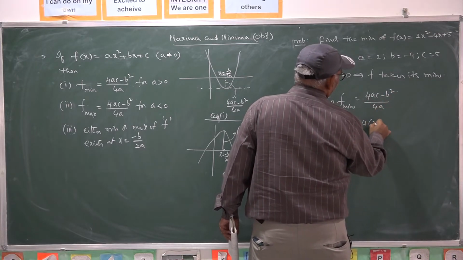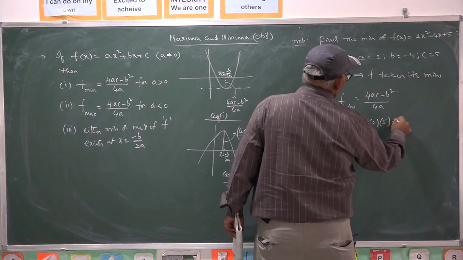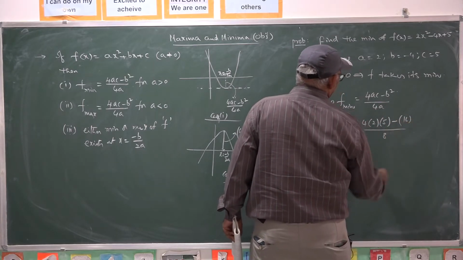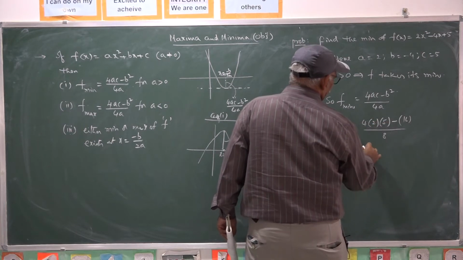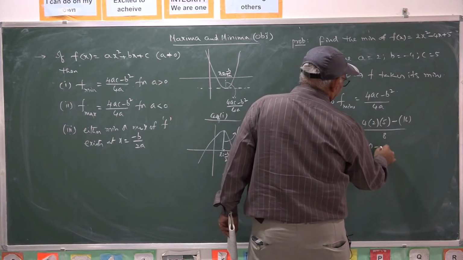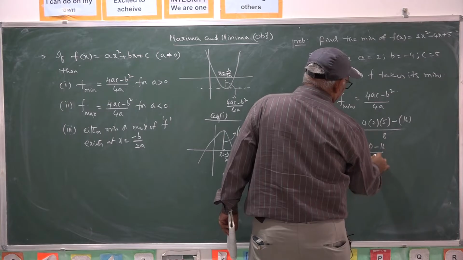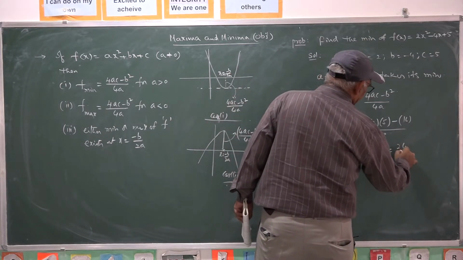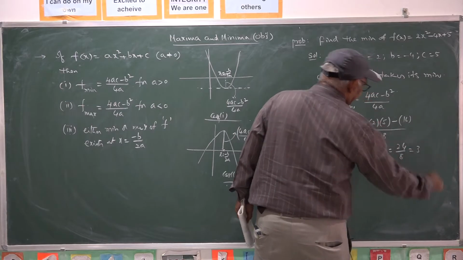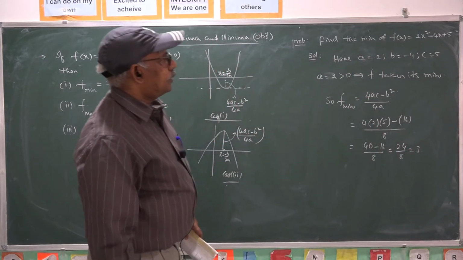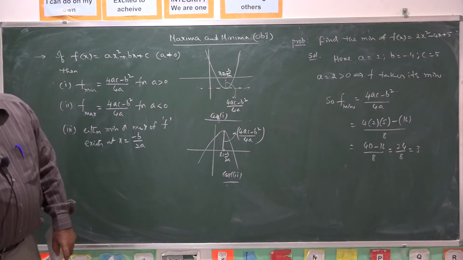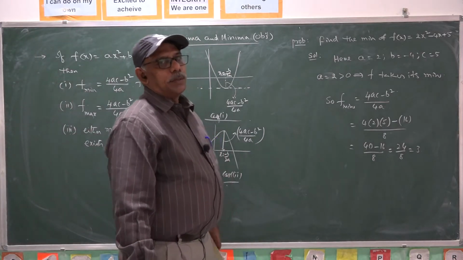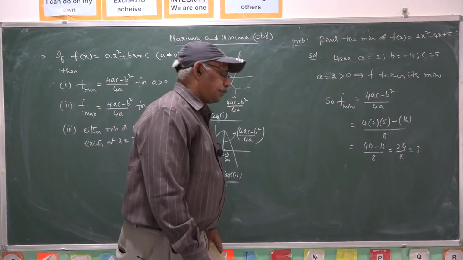That is 4 into 2 into 5 minus b square, which is 16, by 4a, that is 8. This is 40 minus 16 by 8, that is 24 by 8, which is equal to 3. So, in this case only minimum exists, maximum does not exist for the parabola because a is greater than 0.